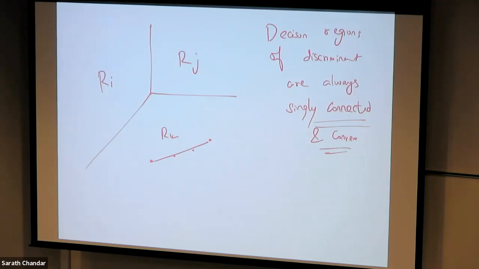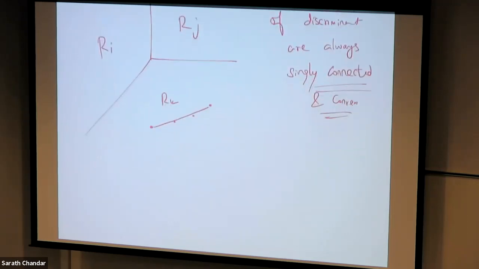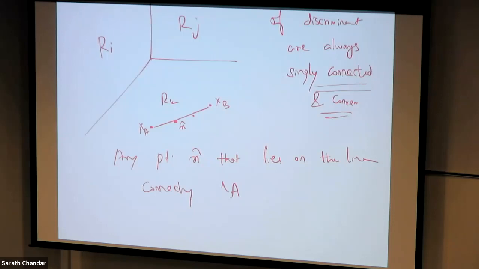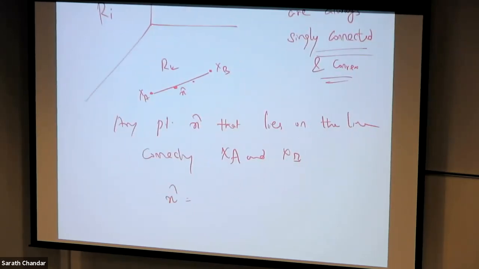Is that clear? So now let's just say this is xa, this is xb, and this is x hat, something in between. Now any point x hat that lies on the line connecting xa and xb, I can just write as lambda times xa plus 1 minus lambda times xb for some lambda between 0 and 1, right?